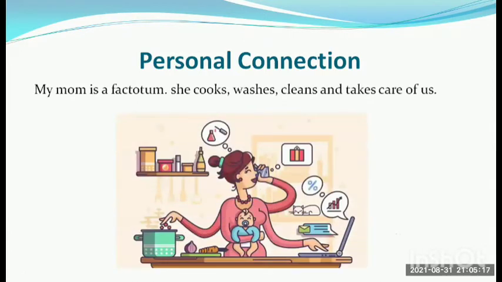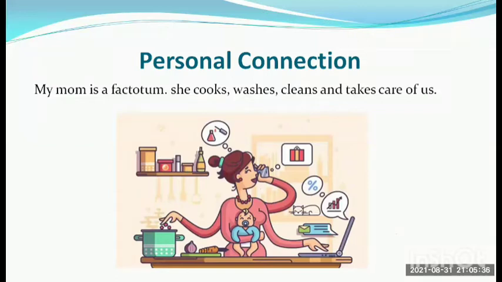Mom is the best personal example, because my mom is a factotum; she does a variety of jobs. She cooks, washes, cleans, and takes care of us. You can see in the picture she's doing multiple jobs. So she is our personal connection for the word.